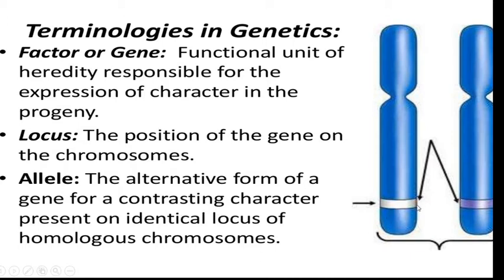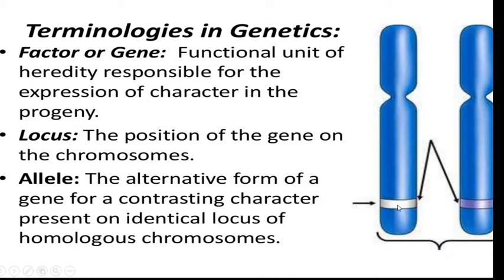So you can see there are two loci present here, and two genes are present here responsible for the same trait or character, which are a bit contrasting, a bit opposite. Maybe height: the one responsible for tallness, the one responsible for dwarfness.